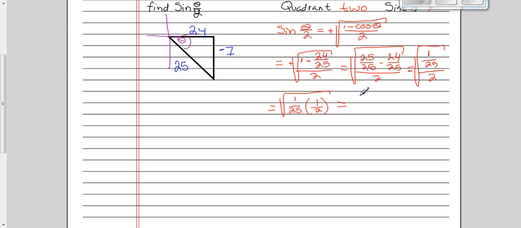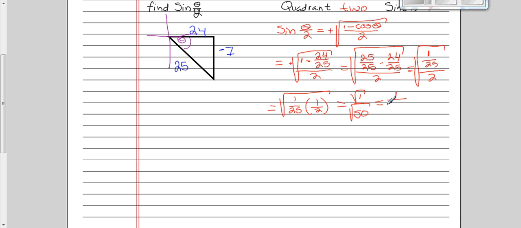This is going to equal 1 over 25. Now I'm going to use the radical property, where I can put the radical on top and the radical on the bottom. Oops, this isn't 25, this is 50. I think I caught that before I started working it out. 50. So I know this top portion is 1.